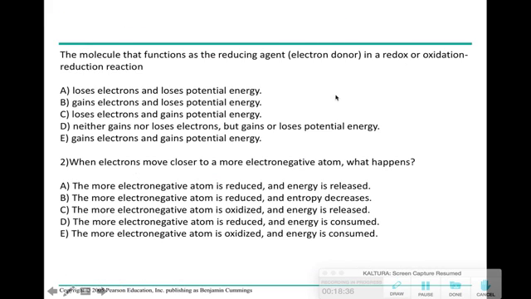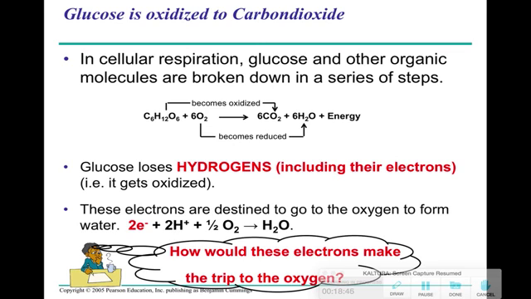And also you have to apply LEO says GER and the concept of oxidation and reduction and reducing agent and oxidizing agent here as well. I hope you remember that electronegative means greedy for electrons, something that we have covered in the previous chapter.